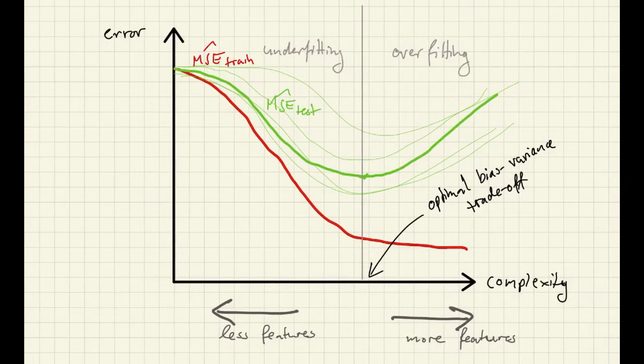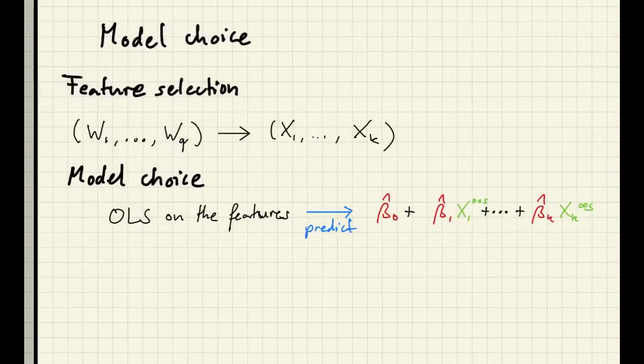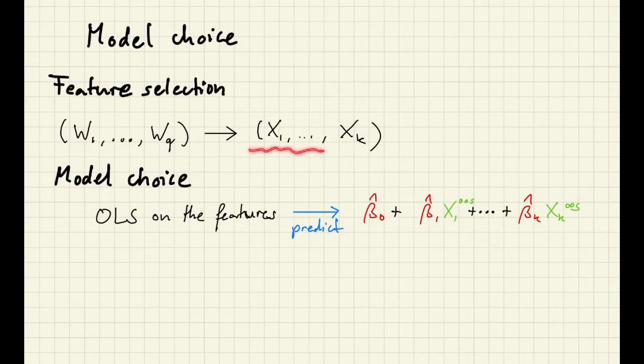So the only way for us to move along this x-axis and change the complexity of the model is to choose our features differently. Now we want to look at an alternative way of changing model complexity that works through manipulating model choice. So right now we only have this one choice here, and we want to fill in different choices of models.